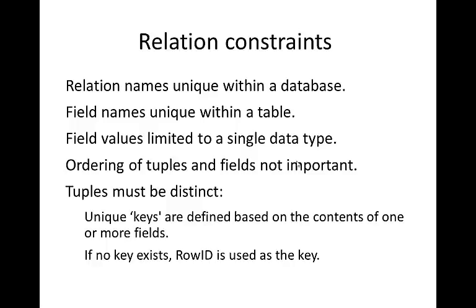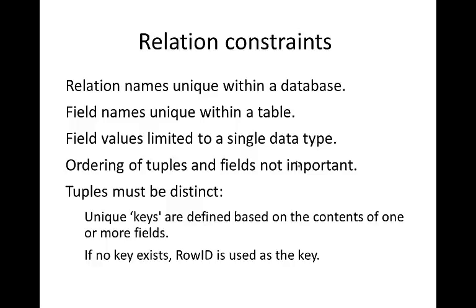You could store the number as a text numeral, but it wouldn't be treated as a number by the database. The ordering of fields and tuples, rows and columns, in a table is not important. It may be helpful for you to organise the data and to see the data, but the relational data model itself doesn't care which order the rows are or which order the columns are. It doesn't make a difference.